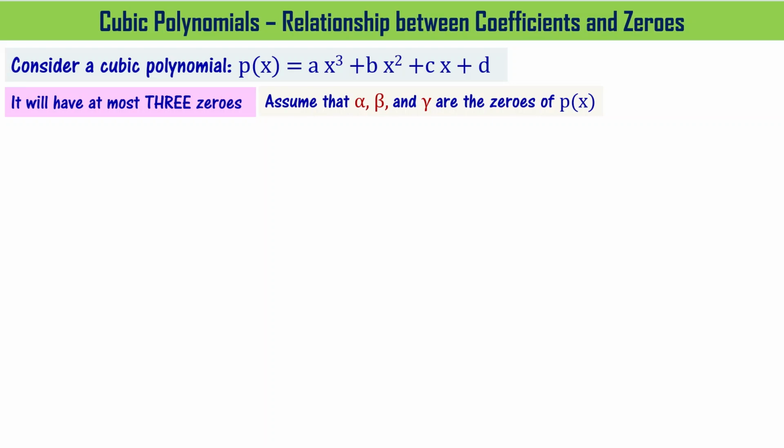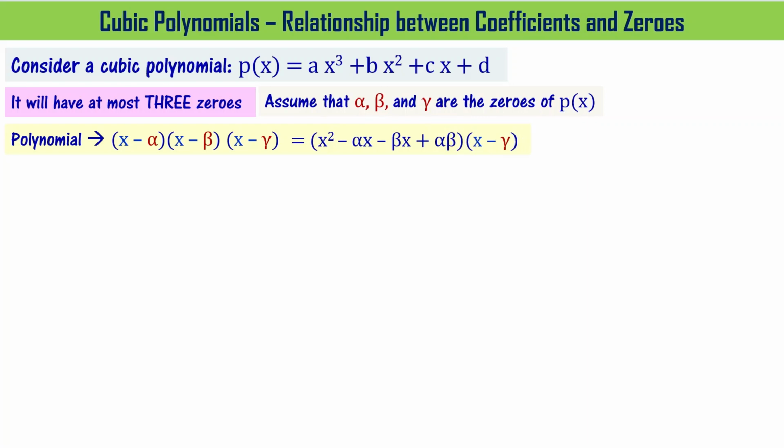If you have alpha, beta, and gamma as zeros of a cubic polynomial, then that can be written as x minus alpha times x minus beta times x minus gamma, right? When you multiply the first two terms, you get an expression like this.